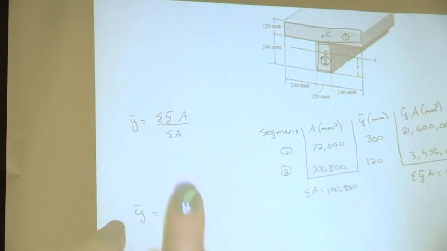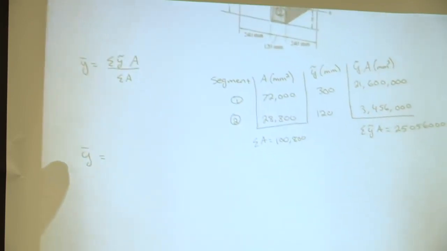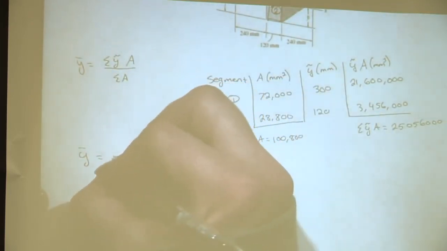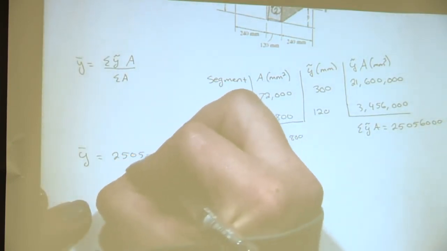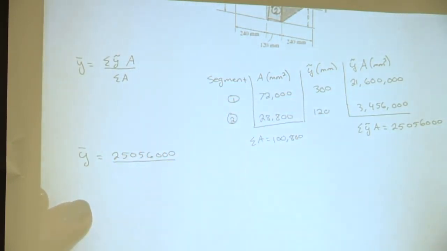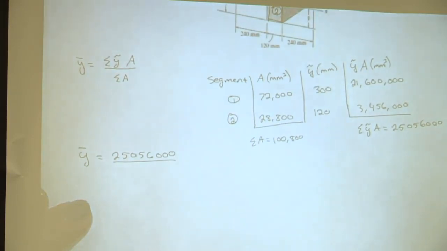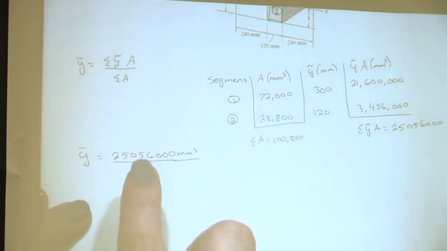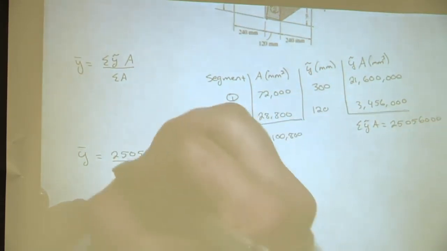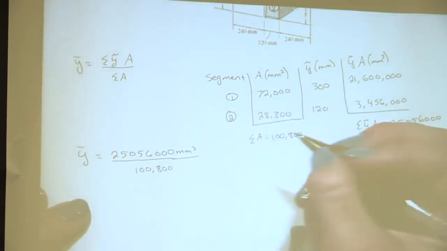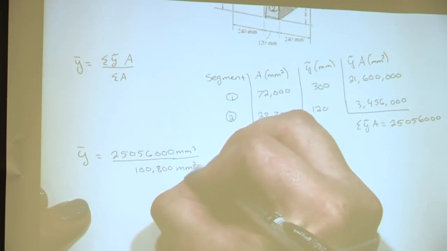Awesome, so we have y bar, so what goes on top? The sum of y squiggly times the area. Awesome, so the 25,056,000. And what units is this in? Millimeters cubed. And then what goes on the bottom? 100,800, millimeters squared.